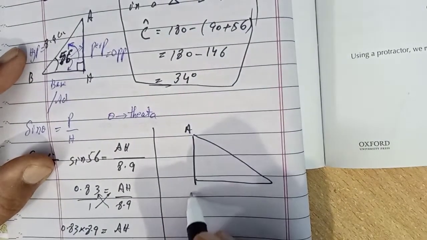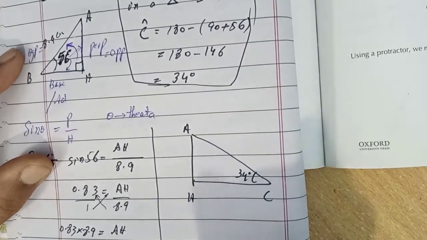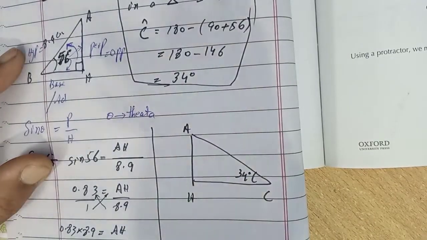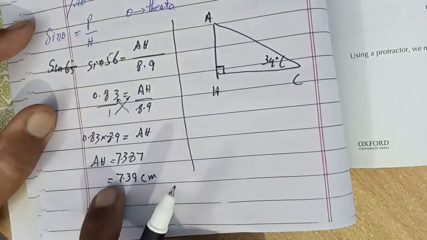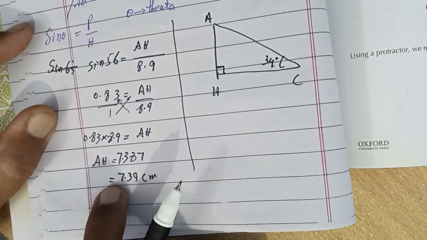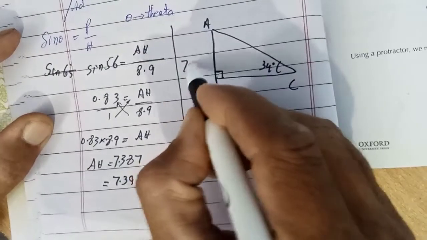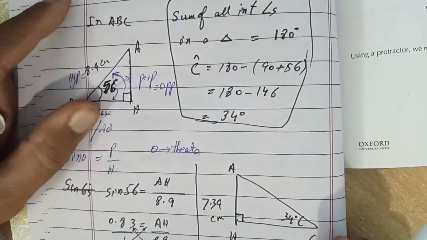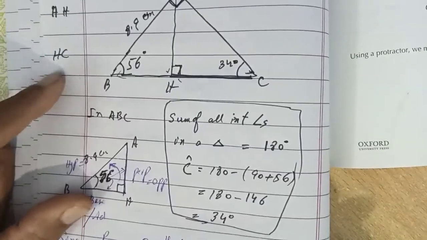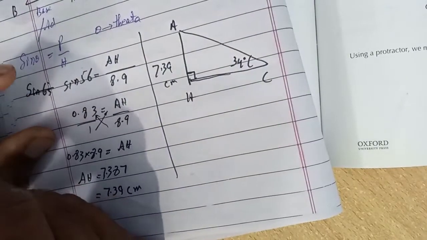This is A, this is H, this is C. Here the angle I have determined in the first step is 34. We have calculated the value of AH, which is 7.39. I write it over here, 7.39. The question is to determine the value of HC. So this is HC.